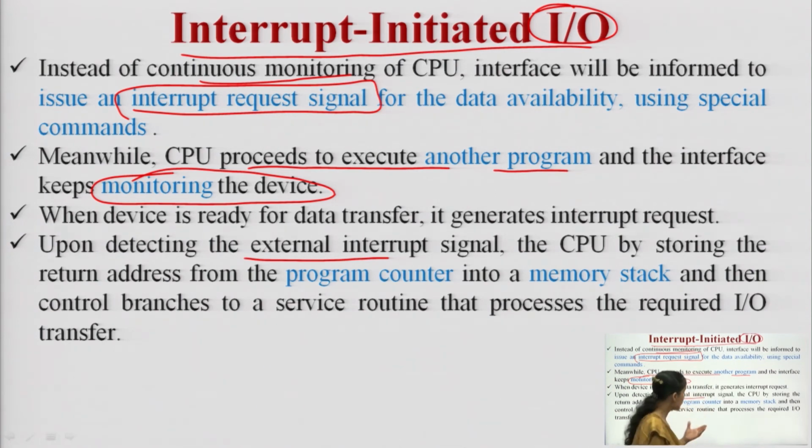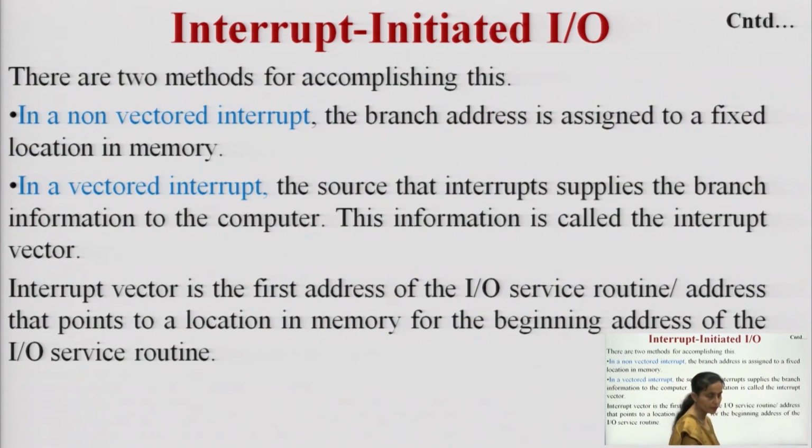Then the control branches to the service routine that processes the required IO transfer. There are two methods for doing this: one is non-vectored interrupt and the second is vectored interrupt.